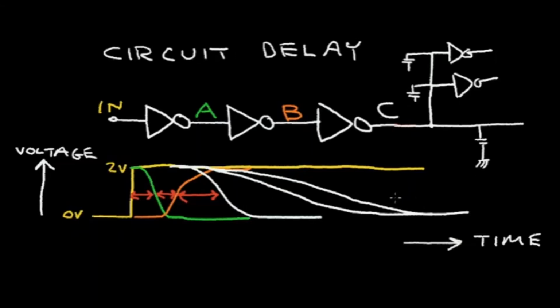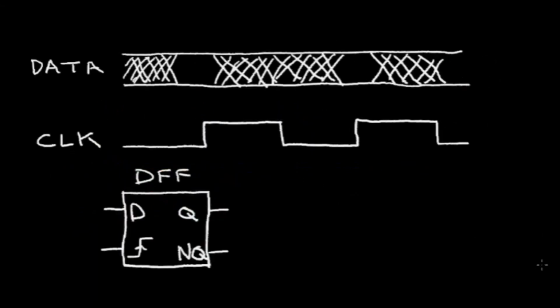So now let's start to take a look at the D-Flip Flop. Here I've shown two signals. At the top I've shown a data signal, and below that I show a clock signal. And below that I show the symbol for the DFF. Now this data signal here is this input to the D-Flip Flop.